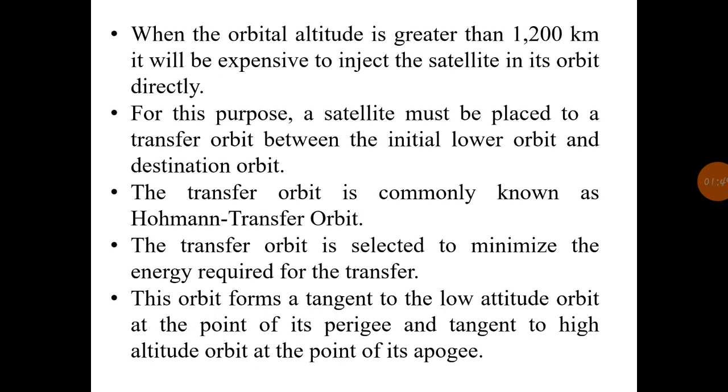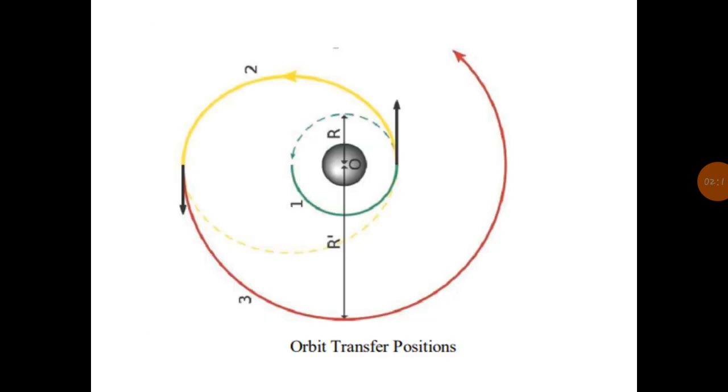When the orbital altitude is greater than 1200 kilometers, it is expensive to inject the satellite into its orbit directly. So a procedure commonly known as Hohmann transfer orbit is used. This transfer orbit is selected to minimize the energy required for the transfer of the satellite.